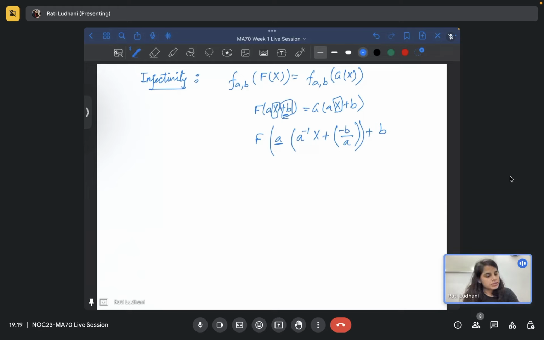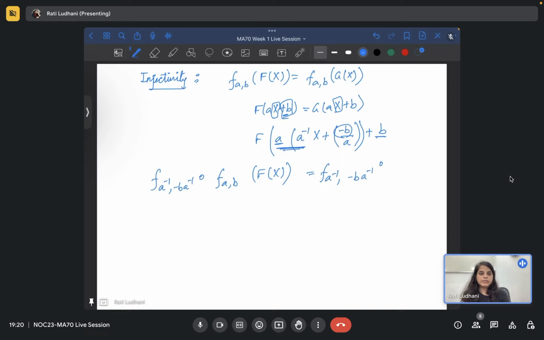So you multiply by a, you get minus b, and this will get rid of a. So you compose f_{a,b} with a inverse, and I'm picking it to be minus b over a, meaning a inverse times minus b, so it's not really different. You multiply by this, and you can actually get what you need, because a is invertible, so a inverse is defined.